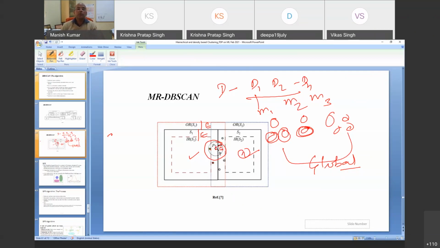If some of the points from S1 lie in this circle, and some points from S2 also lie in it, then by virtue of direct density reachability of DBSCAN, these points of S1 and S2 are directly density reachable. That means these 2 can be merged and become a single cluster.